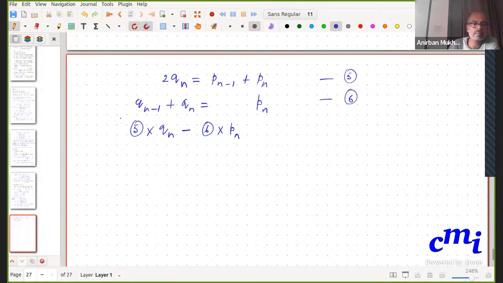So this is what I'm doing. I'm just multiplying this by Qn, multiplying this by Pn, and then subtracting.